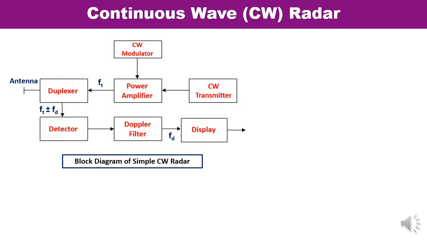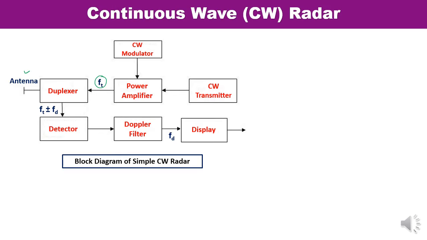Here you can also observe that there is a single antenna. That is why a duplexer is being used. While transmitting, this antenna will be connected with the transmitter section, and while receiving, the antenna will be connected with the receiver section. So the transmitter radiates continuous energy in the form of unmodulated sinusoidal oscillations at a frequency ft, right?